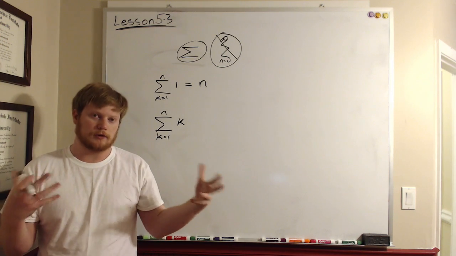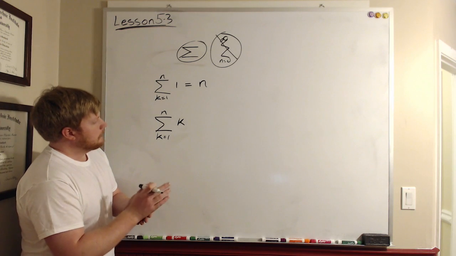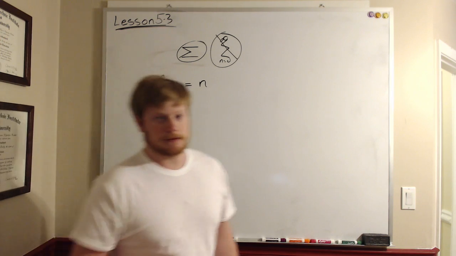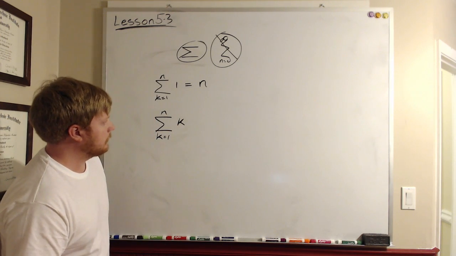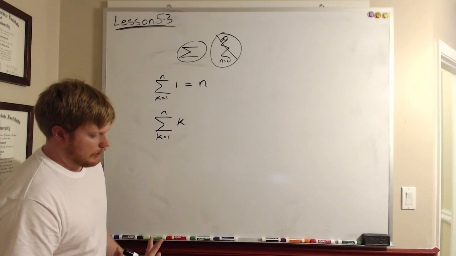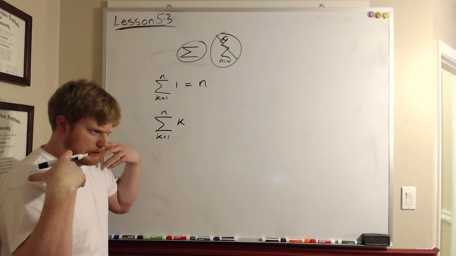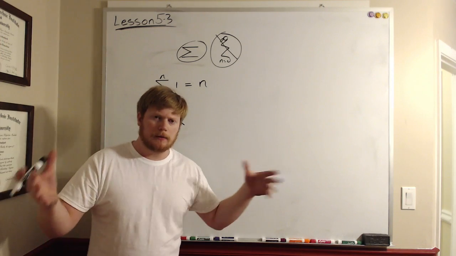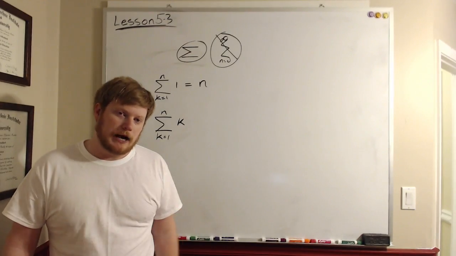N consecutive whole numbers, actually. Natural numbers. And the story goes that the young mathematician Gauss was in his math class, and a teacher asked the class at the beginning of class as a warm-up, I want you to add up all the numbers from 1 to 1,000. And boom, Gauss had the answer.